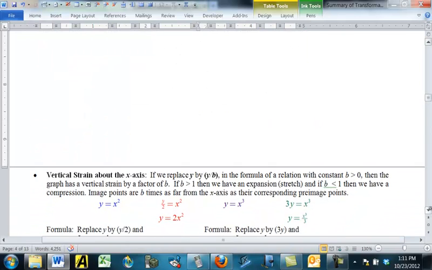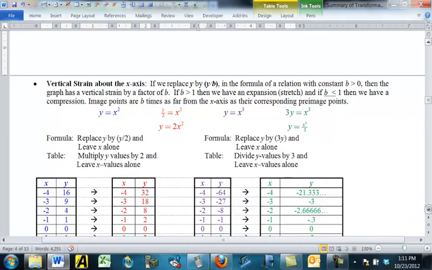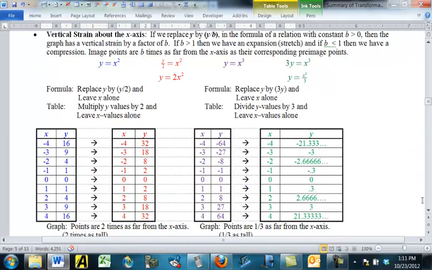Okay, well, it's pretty obvious, I think, what's going to come next. If we replace x by x over a for a constant a, positive constant a, that gives us a stretch horizontally. Then if we replace y by y divided by b for some positive constant b, that's going to give us a vertical stretch.